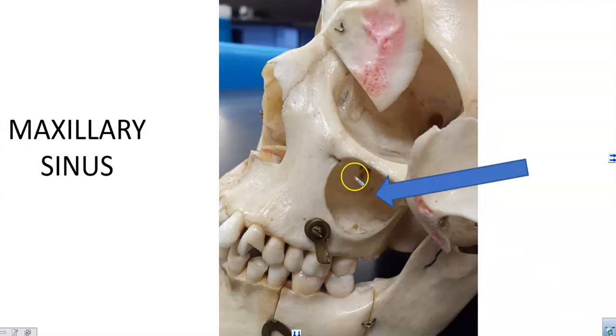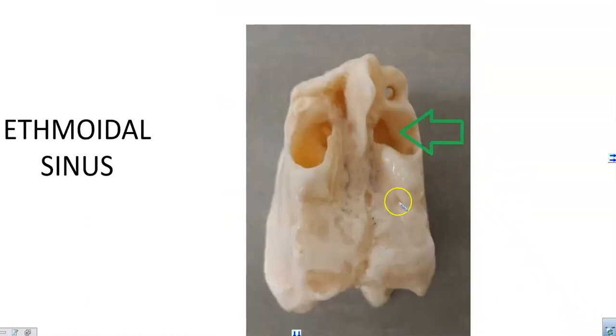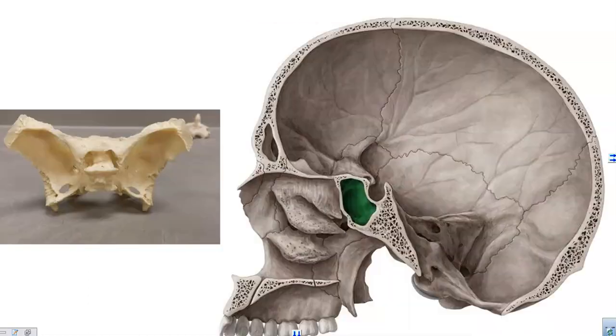And so this is your maxilla bone. So the cavity here would be the maxillary sinus. And then this is the ethmoid bone, and we talked about those little holes there. If they fill up, those cavities there are called your ethmoidal sinuses.